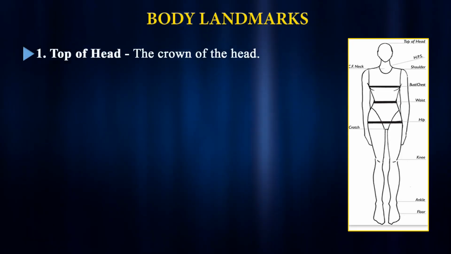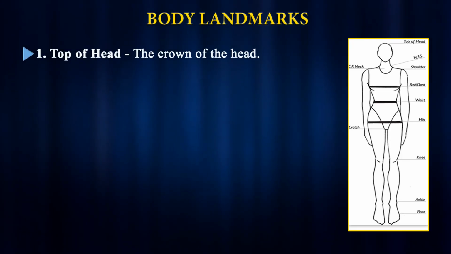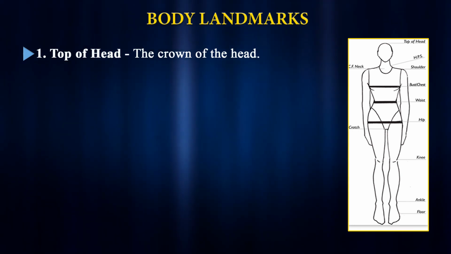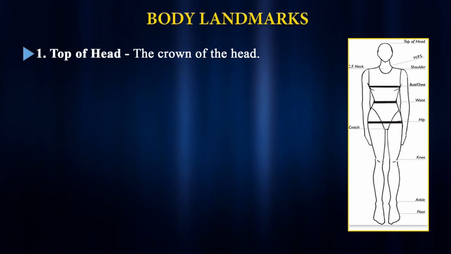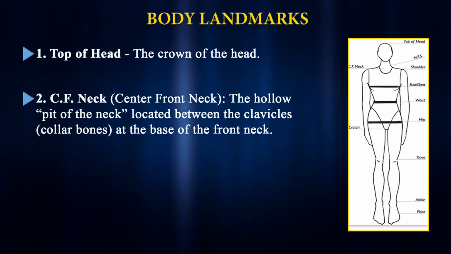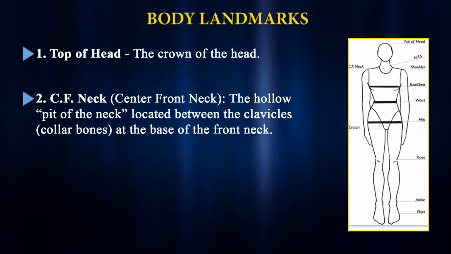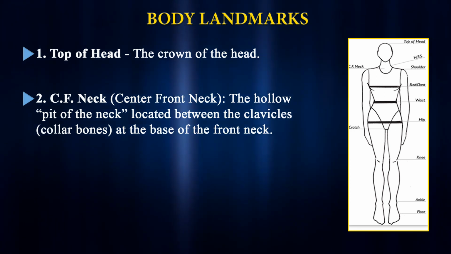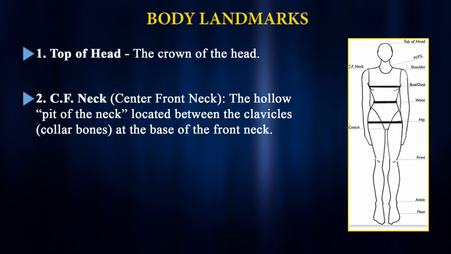First we have the top of the head. As we can clearly say, it is the crown of the human body, or the topmost part of the human body. Then the center front neck. The center front neck is the hollow part between the collar bones.